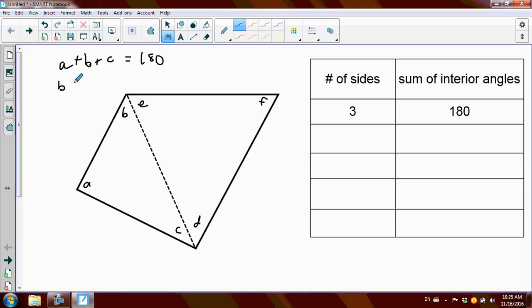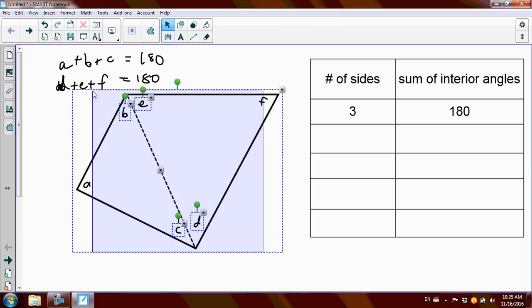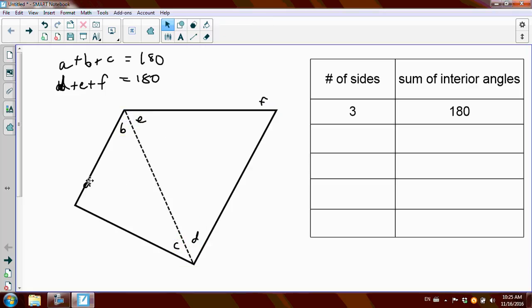And the same thing with D plus E plus F. That's another 180. So the four angles of the original quadrilateral would add up to A plus B plus C plus D plus E plus F. So that will be 2 times 180.